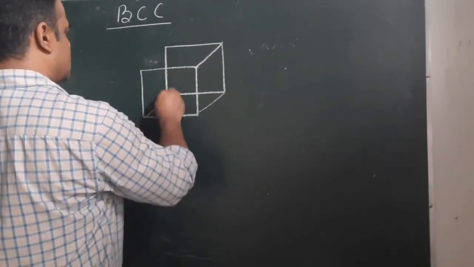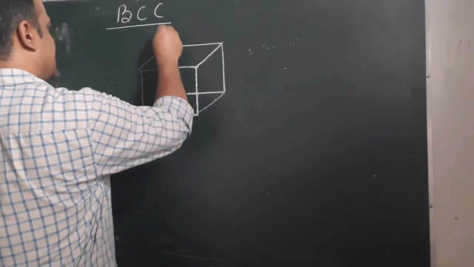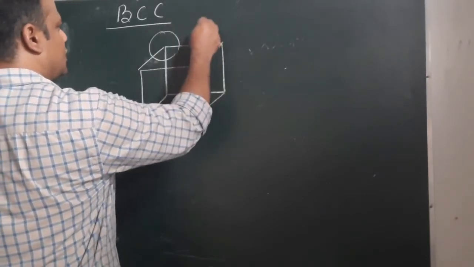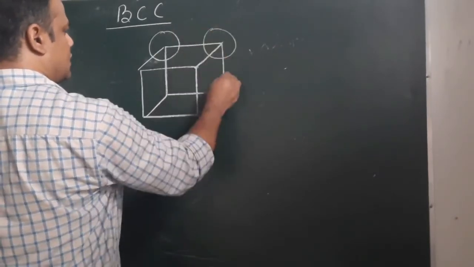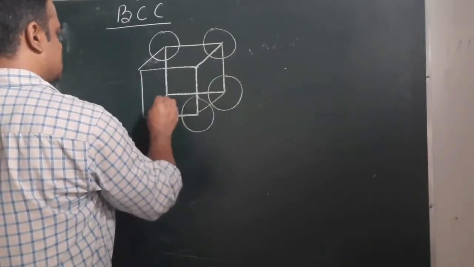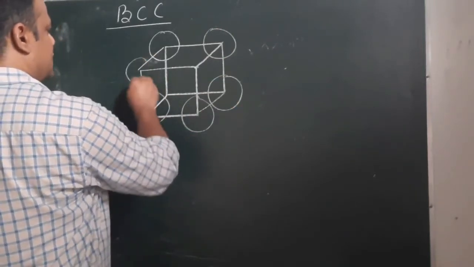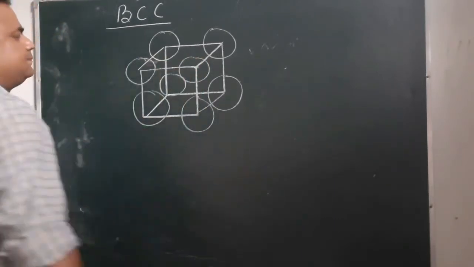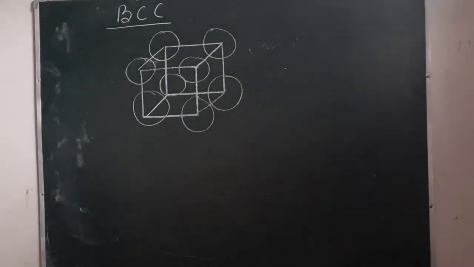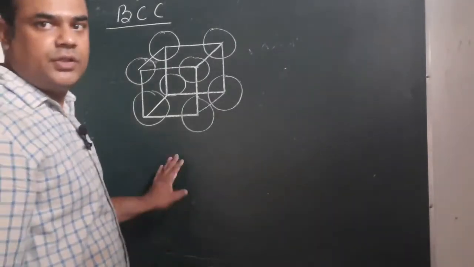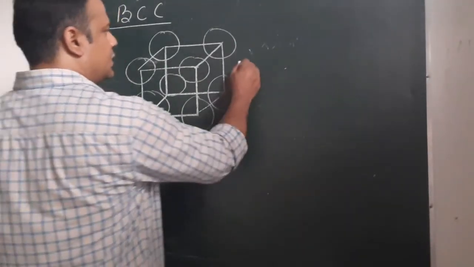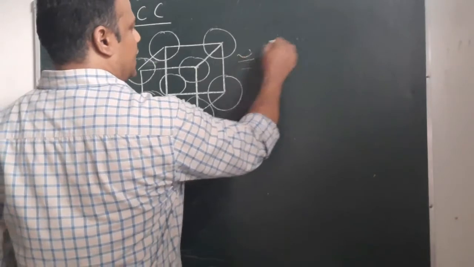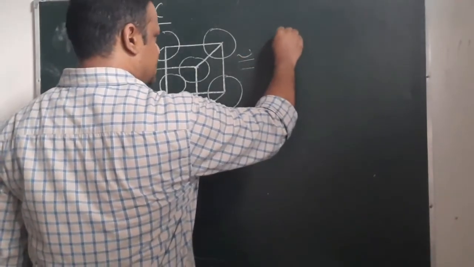So constituent particles are present at the corners, these corners, as well as at the center of the unit cell. Now if we draw this in 2 dimensions, we'll get the equivalent structure that will look something like this.